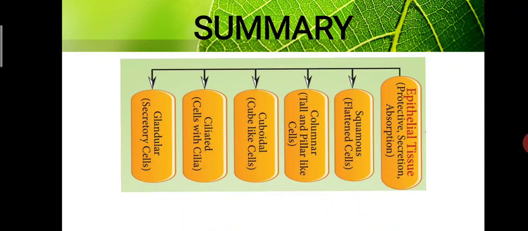Simple means having only one layer; compound means more than one layer. Under simple epithelial tissues, we saw squamous epithelium, cuboidal epithelium, columnar epithelium, ciliated epithelium, and glandular epithelium. And finally we saw the compound epithelium.